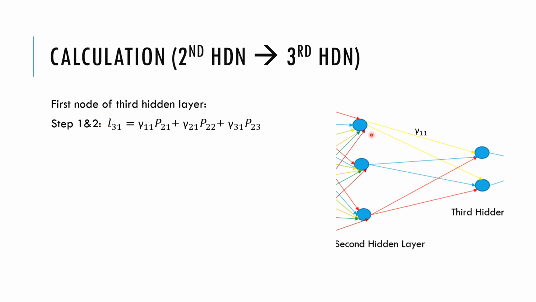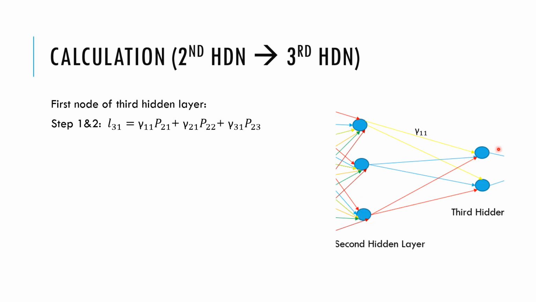Gamma 11 is the corresponding weight of this node with respect to this node, so gamma 11 P21, then gamma 21 P22, gamma 31 P23.